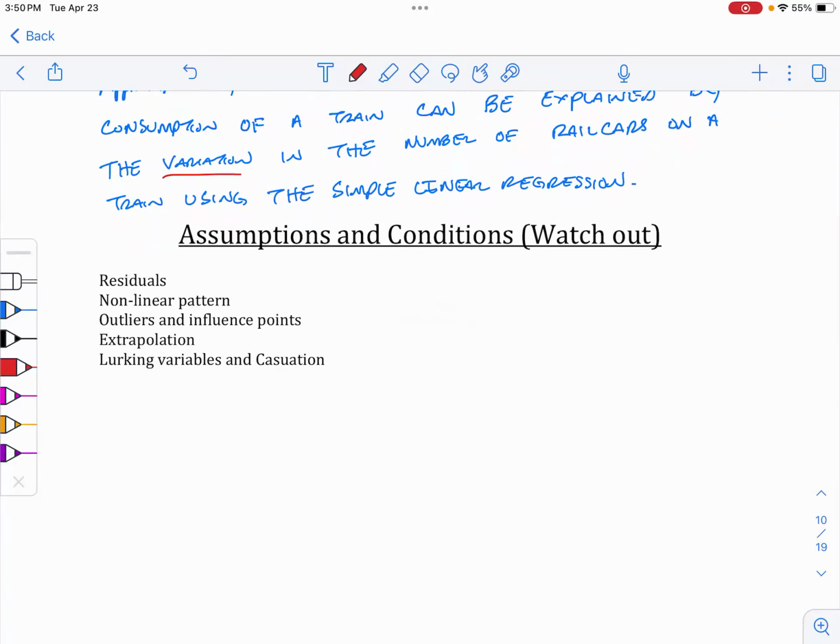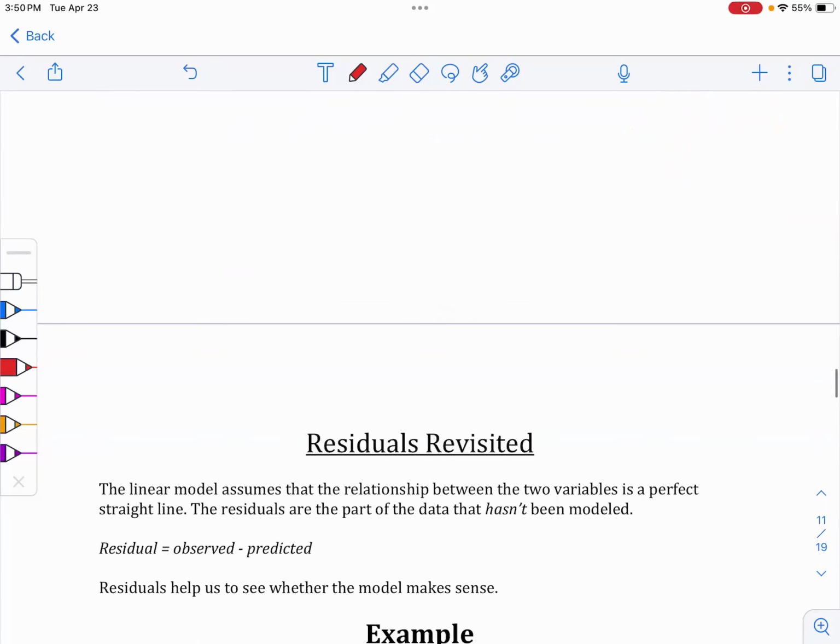So, assumptions and conditions. Notice that we had our initial correlation conditions before in order to get into regression. If those fail, we can't do regression. But regression has its own conditions on top of that. These are all based on residuals, looking for things like nonlinear patterns, and some other things.